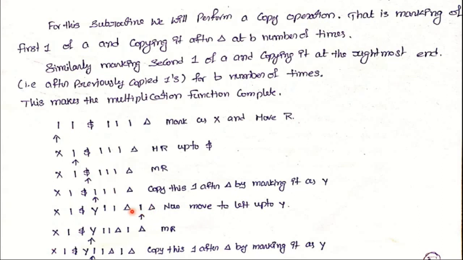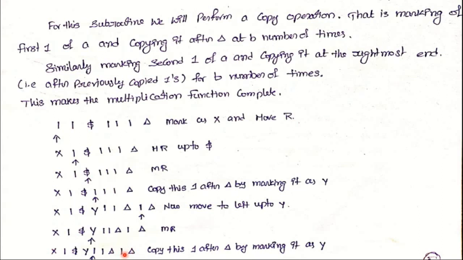So the one marked from B variable is copied here, and then move left up to Y, the symbol recently marked with Y from the B variable. So we move up to Y and then move left to read the next value from B. Now we read the second value from B and copy it into the Turing machine and move right up to the end of the tape.